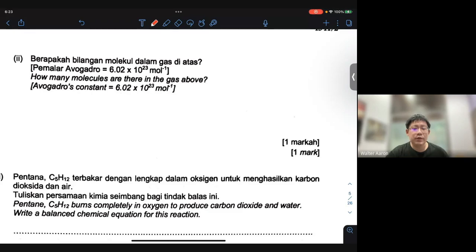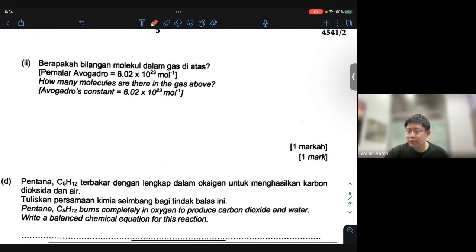All right, how many molecules are there in the gas above? So we have the number of moles over there. So number of molecules, or should I say number of particles, is equivalent to number of mole multiplied by Avogadro constant.